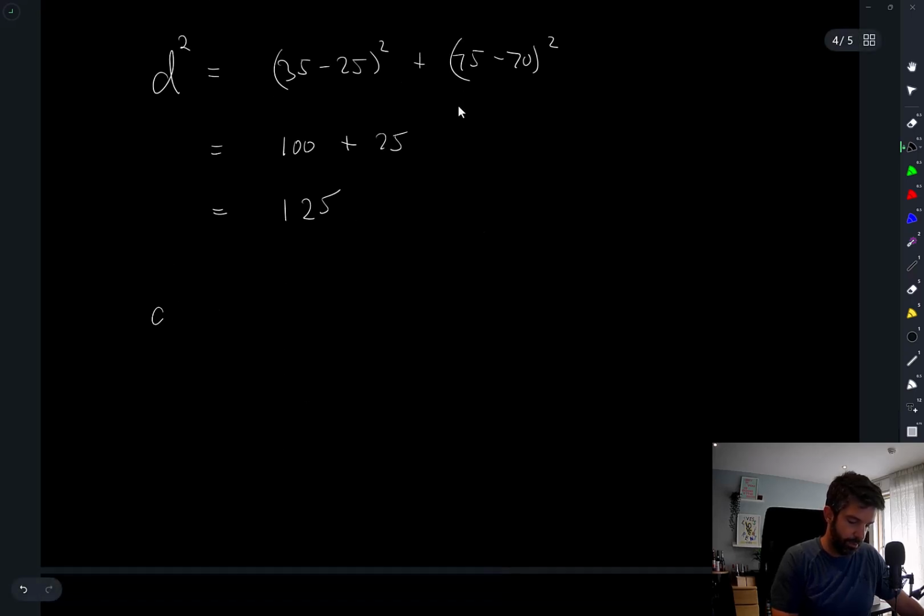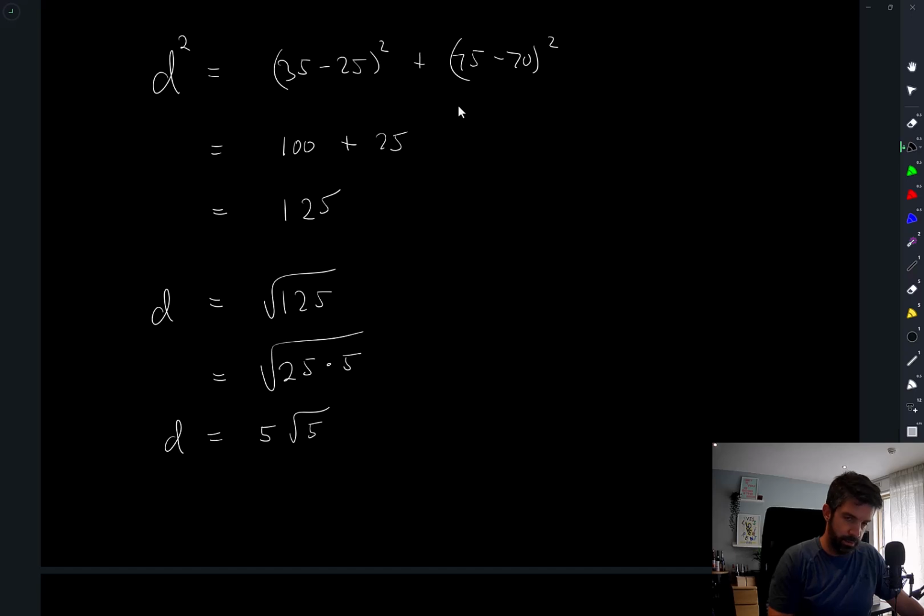Okay, so d is equal to root 125. So that's 5 root 5. Oh, option B. This took much longer than it should have.